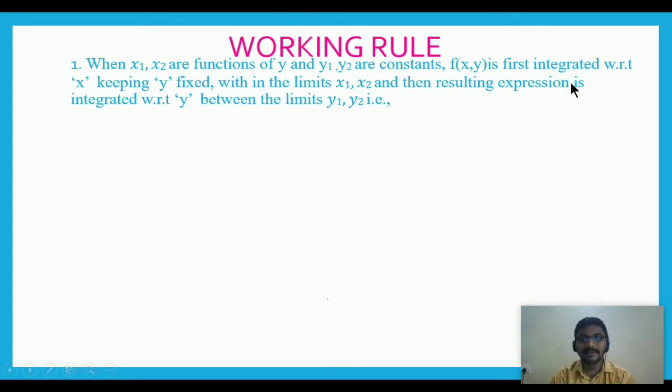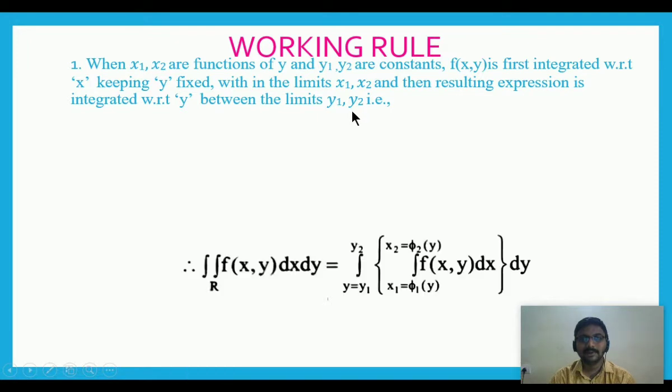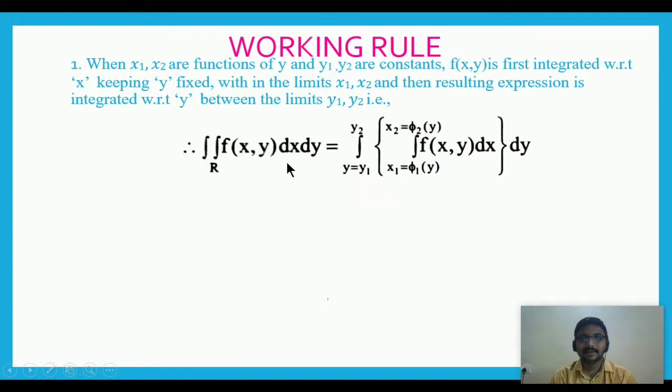Then the resulting expression is integrated with respect to y between the limits y1, y2. Here the problem is a double integration, where the x limits are given in terms of y and the y limits are y1, y2.